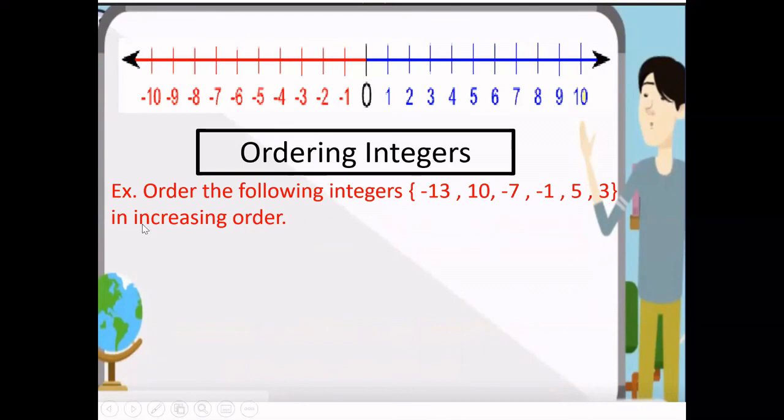Again, increasing order is from the smallest number way up to the biggest number, least to greatest. So which one is the smaller one? I will give you 10 seconds to answer this on your own.